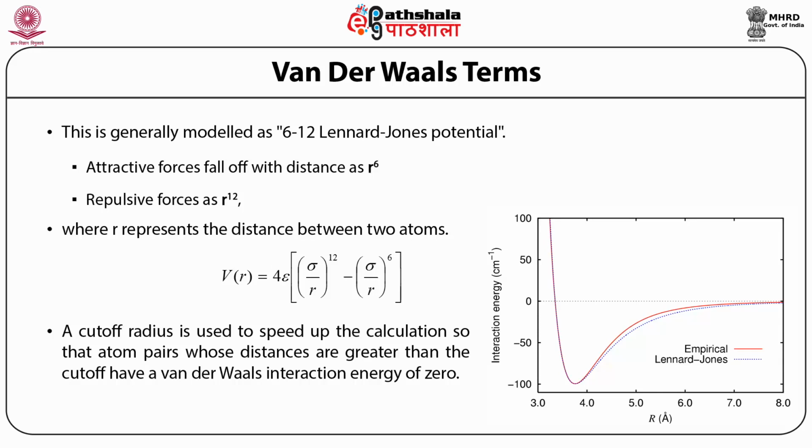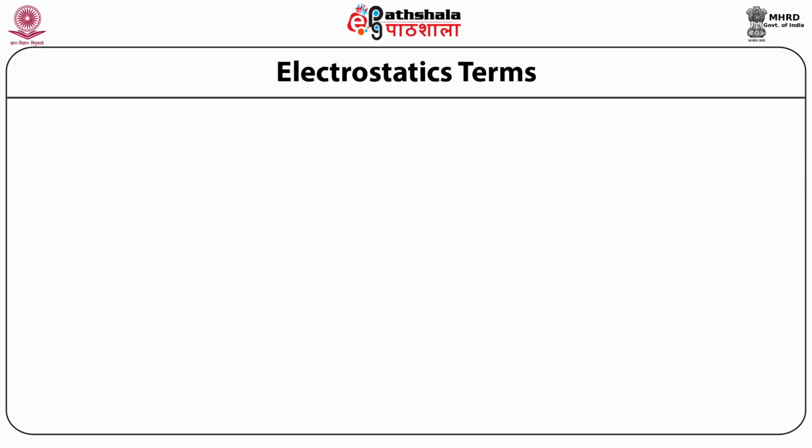To speed this up, instead of calculating those values of van der Waals terms whose tendency is only to become zero, a cutoff distance beyond which the value will become 0 is always considered. Hence, a cutoff distance of 8 angstrom in general is sufficiently good for van der Waals terms to be taken care of. We will discuss electrostatic terms.